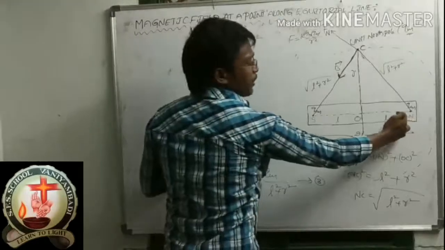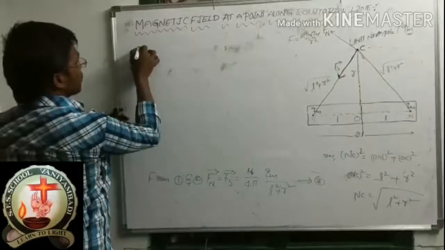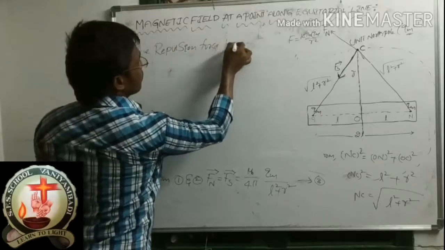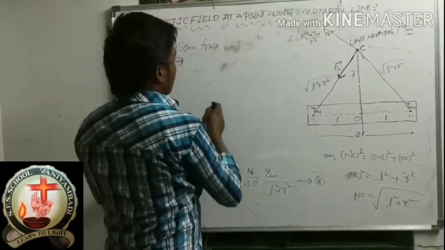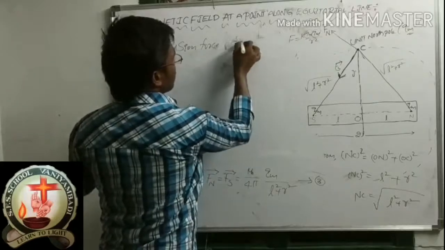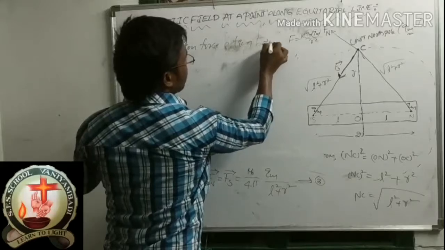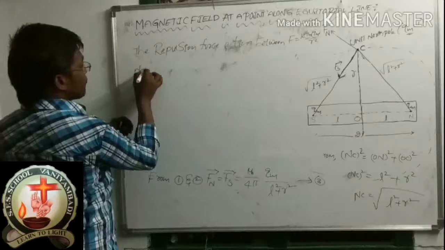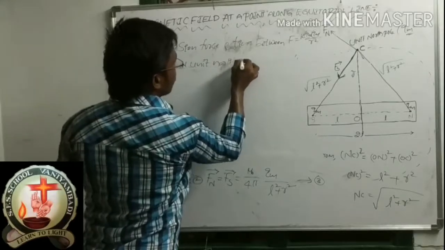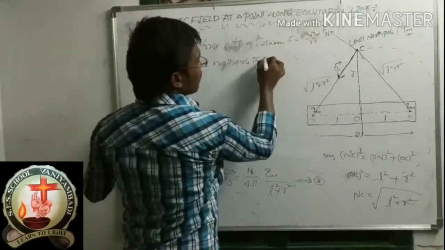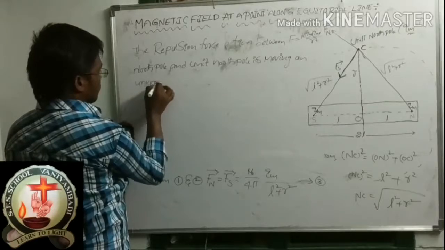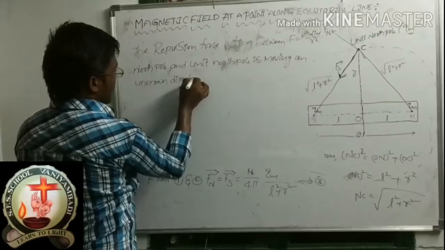The repulsion force acting between the North Pole and unit North Pole is moving in an unknown direction.